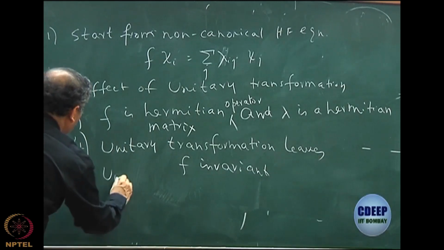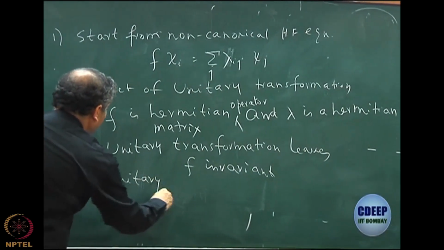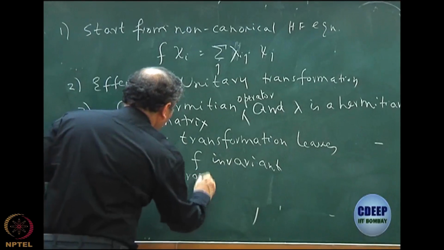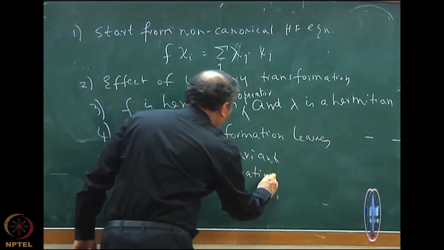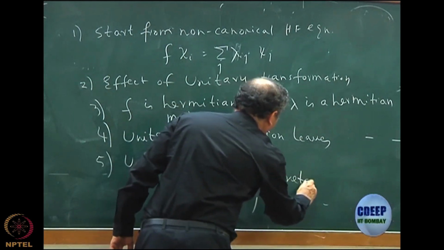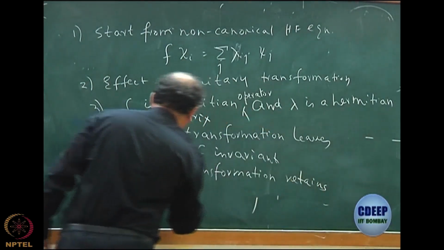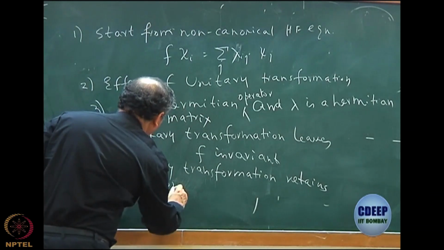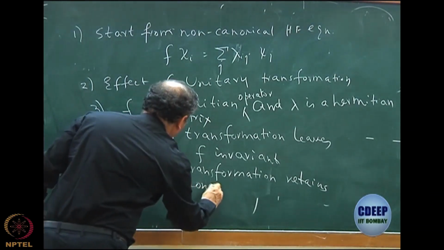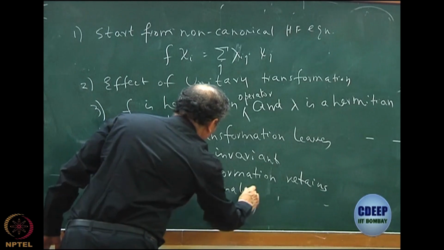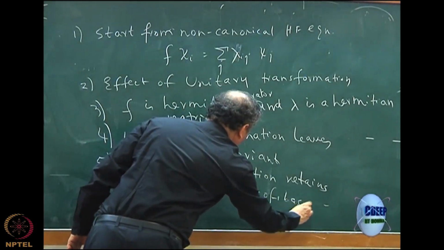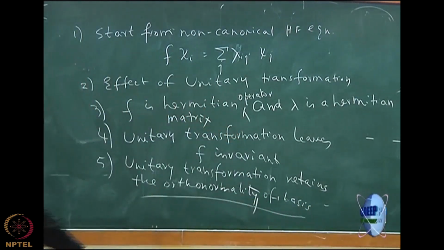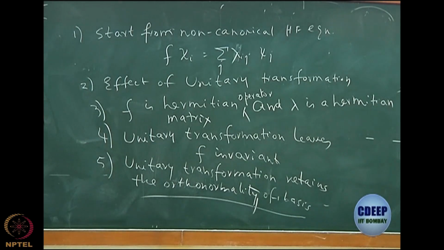Unitary transformation also leaves the spin orbitals orthonormal, it retains the orthonormality of the spin orbitals. In general, any basis, if you have any basis, you can do unitary transformation. So that also we saw.